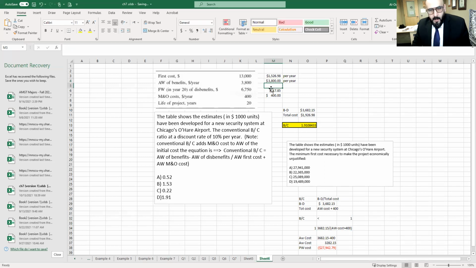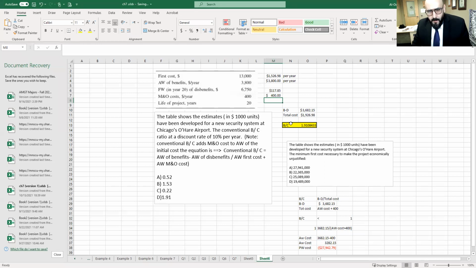For this benefit, this is a future worth, so we have to convert it into annual worth using the PMT function, 10%, 20 years, present value nothing, the future value is 6,750. The maintenance and operational cost is already in the annual format, so there's no need to convert it.